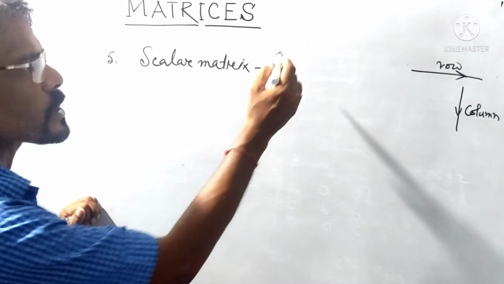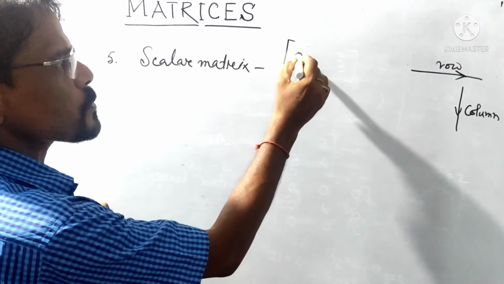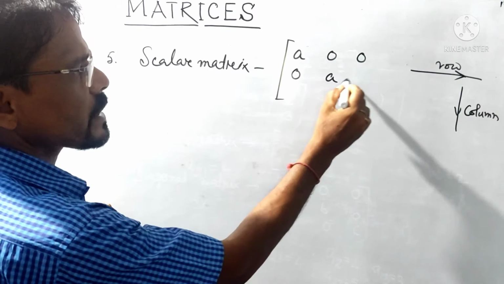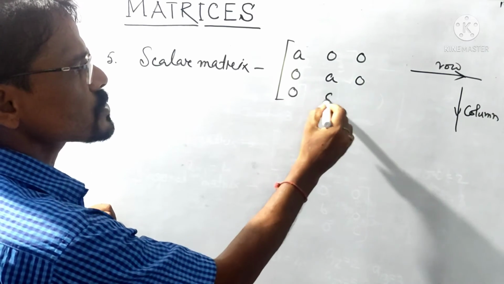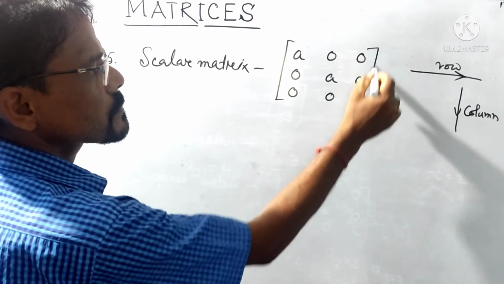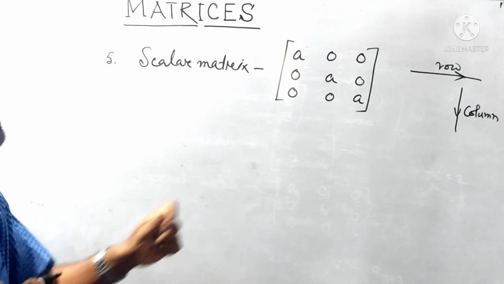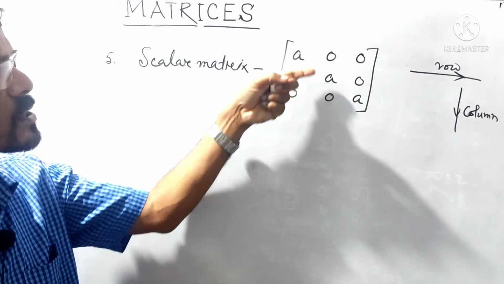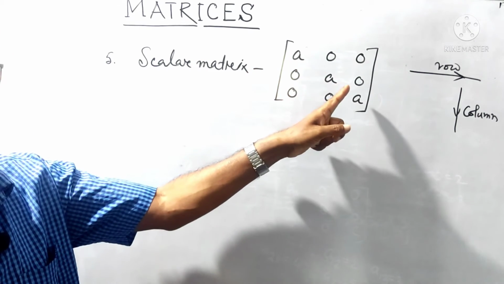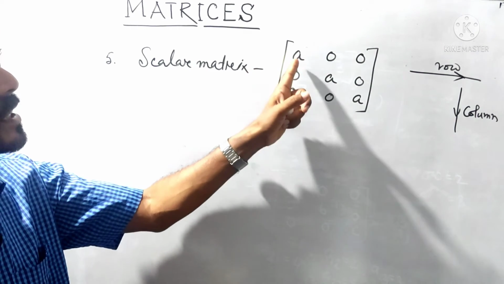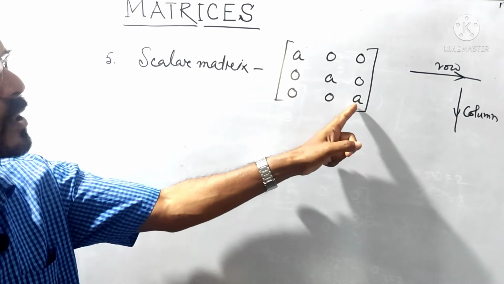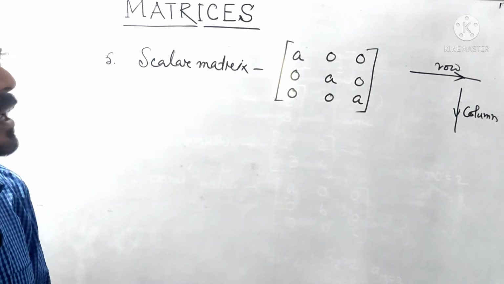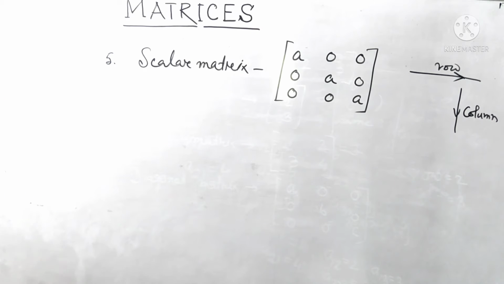If all the diagonal elements are the same, like suppose it is A, 0, 0, 0, A, 0, and 0, 0, A. For this matrix, first of all, this is a square matrix because there are 3 rows and 3 columns. But in this square matrix, these are the diagonal elements and all the diagonal elements are the same. That's why this is called a scalar matrix.